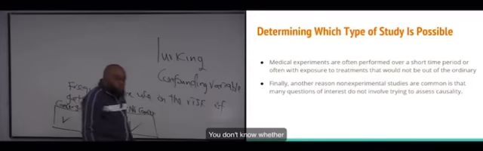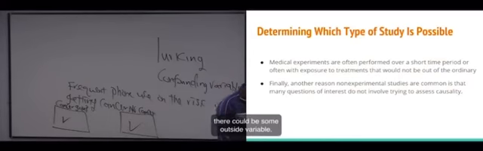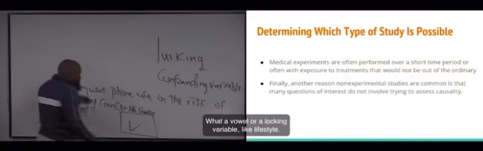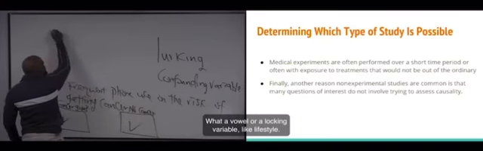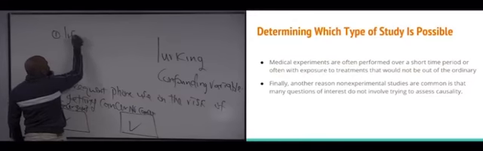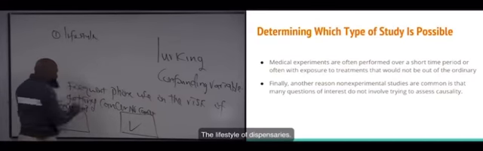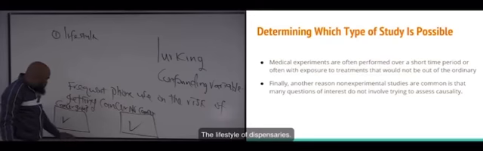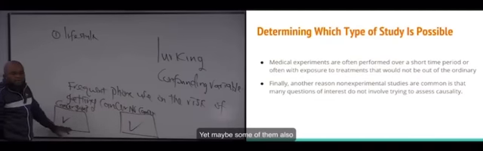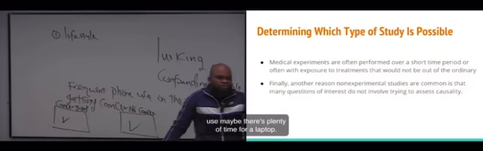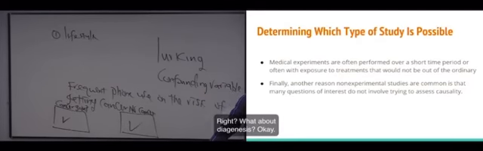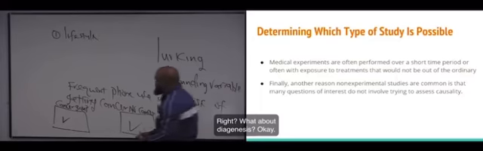You don't know whether there could be some outside variable, it may not even be this. What about a lurking variable like lifestyle? The lifestyle of these persons here. Maybe some of them spend a lot of time on a laptop, on a computer, right? What about their genetics?